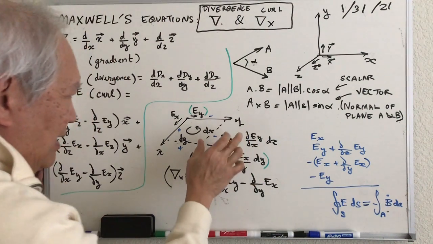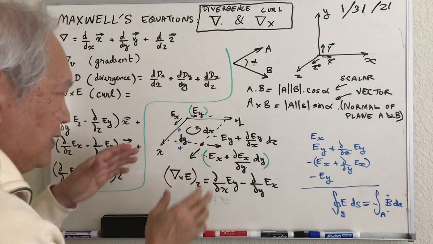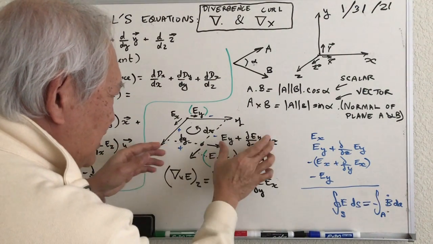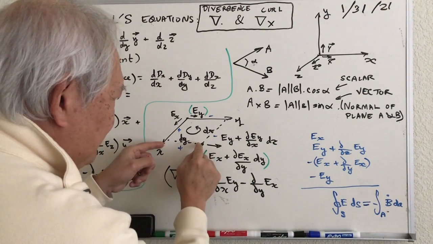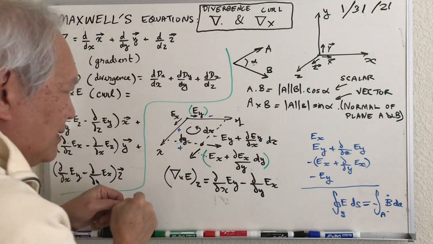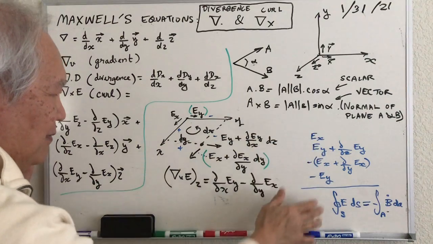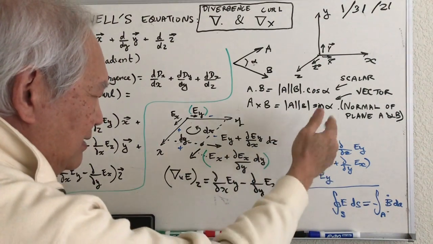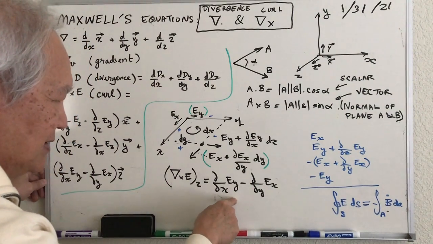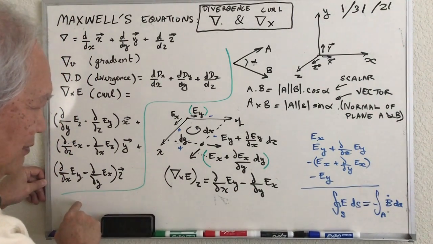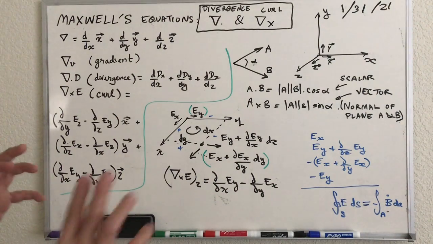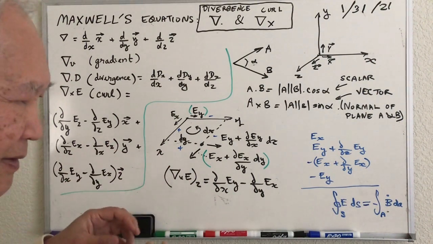So for the y direction, you get this change, which is a plus here, and then you subtract this part. All said and done, some of these cancel out, and what you end up with is this part, which is what we have written here. So that's the meaning of curl.